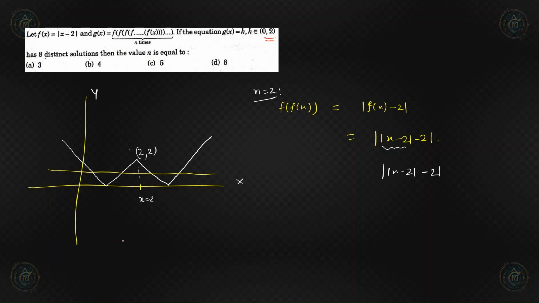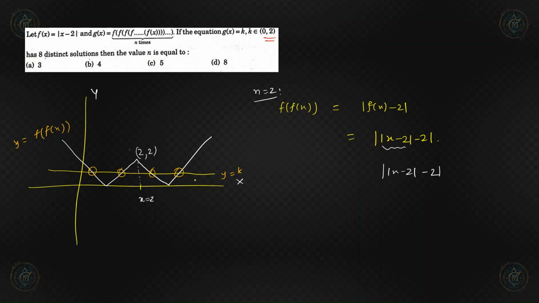We can see easily that this line y equal to k cuts the graph of f of f(x). This is the graph of f of f(x). This straight line cuts this graph at 4 places, so there are 4 solutions of this equation, f of f(x) equal to k.